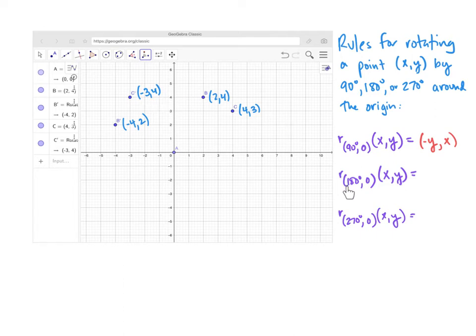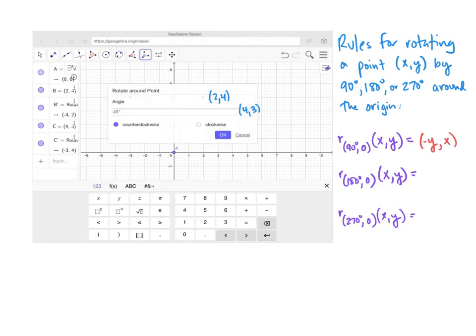Well, what if I rotate 180 degrees? So now let's do the same, let's do the rotation of 180 degrees. Just to eliminate some confusion here, I'm going to get rid of these coordinates here. I'll keep the B and C coordinates. And let's look at what happens if we rotate each of those points around the origin 180 degrees this time. So let's put 180 degrees in.